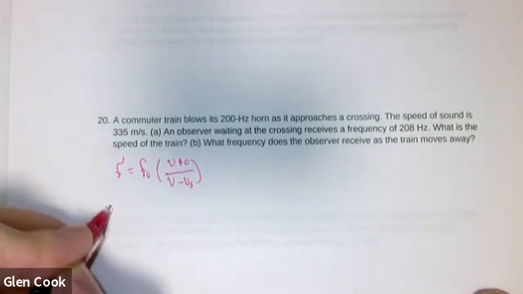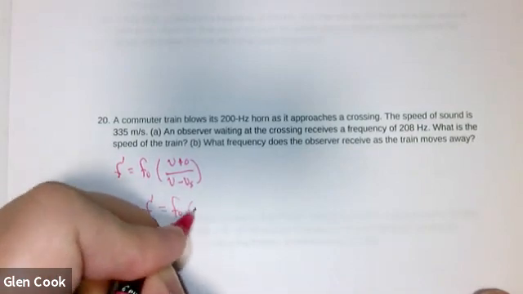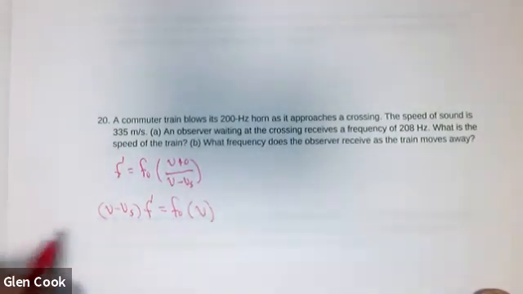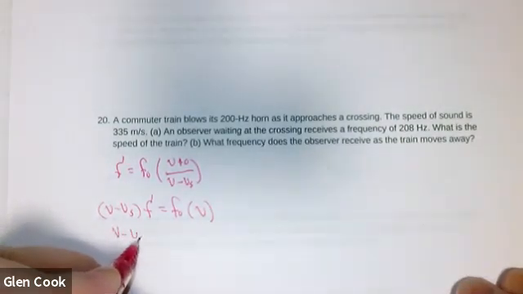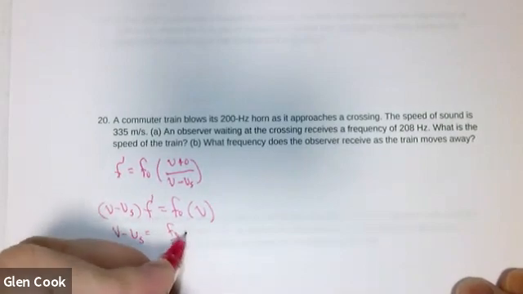And so we end up with V minus VS times F prime equals FO times V. Now I'm going to divide through by F prime. So V minus VS equals FO over F prime times V.